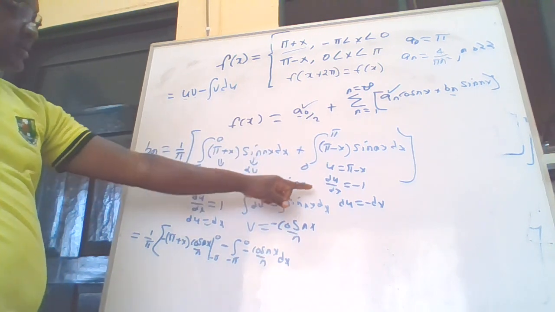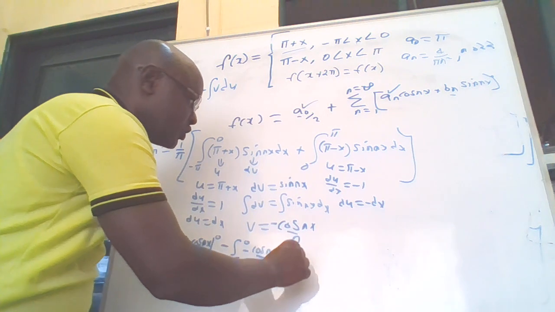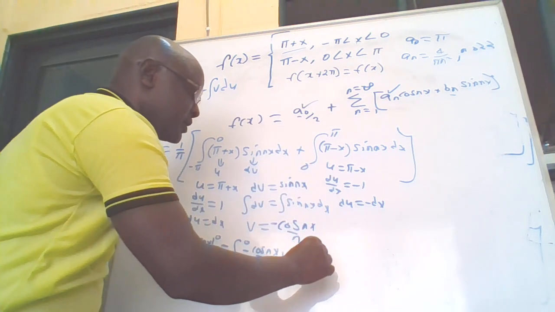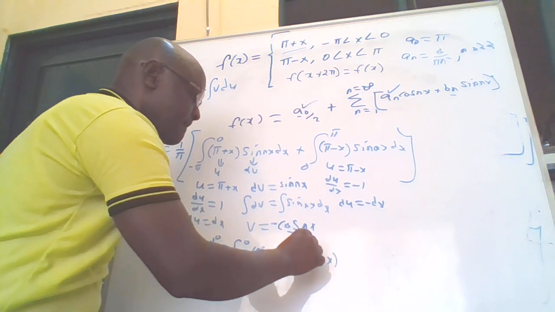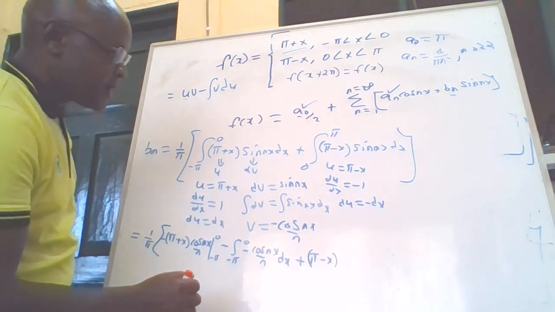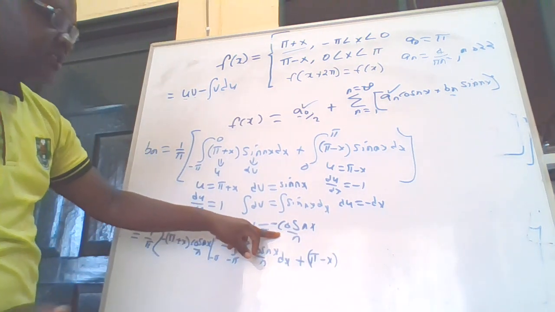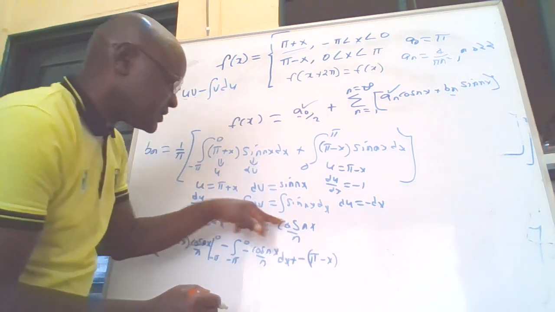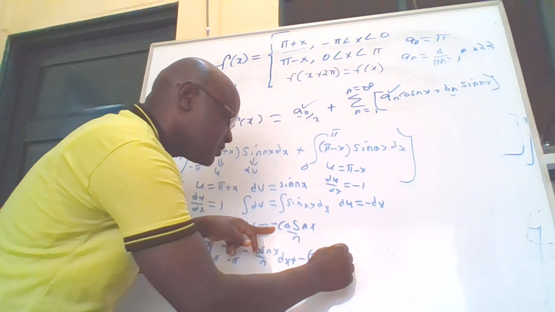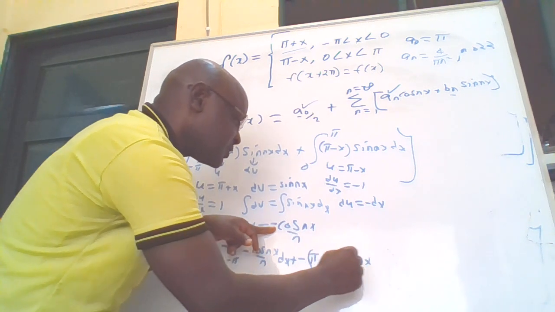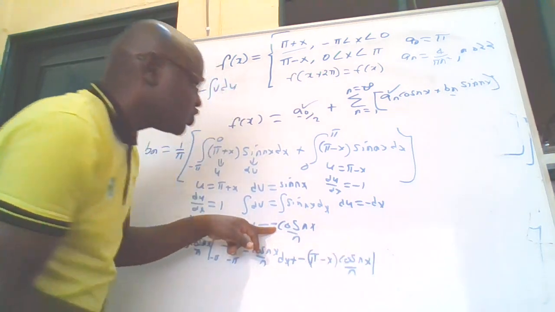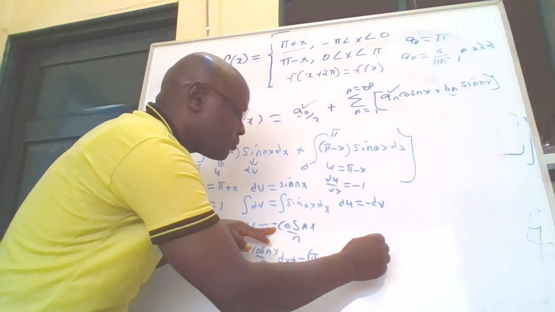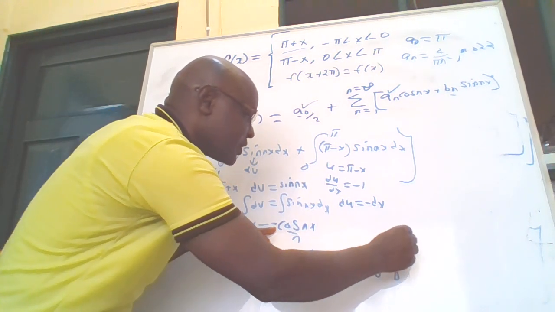So my u here is, plus that sign, pi minus x, and then v is negative cos nx, so I have plus, I start with this negative sign, cos nx all over n, with the integration range 0 to pi.